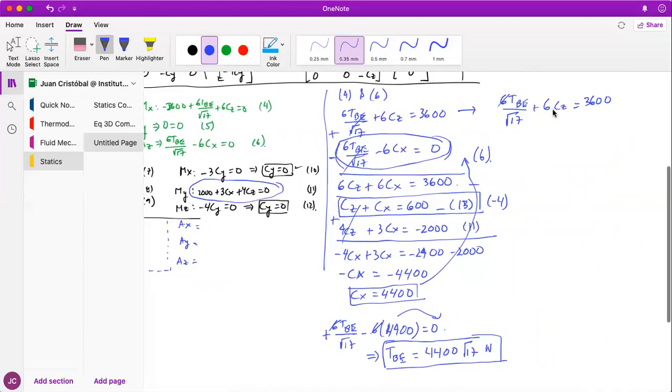Okay, so this guy just goes, this guy just goes, and this guy became 600. So when I'm doing that, this guy is known, so I'm gonna use it. So it will get 400 square root of 17 divided by square root of 17 plus CC equals to 600. Therefore, CC is gonna be equals to 600 minus 4400.